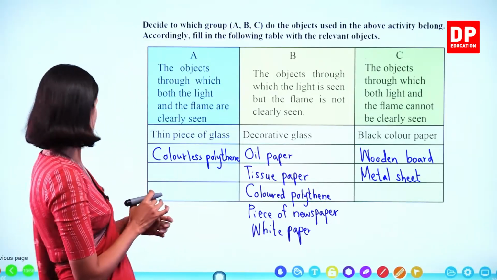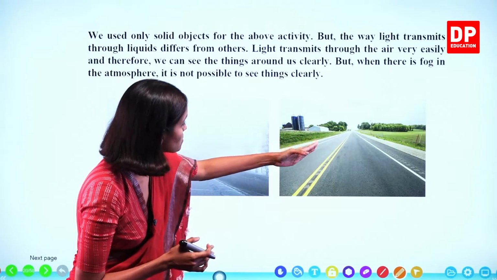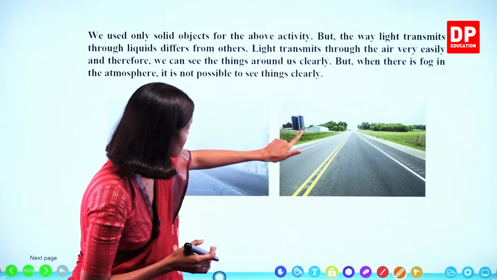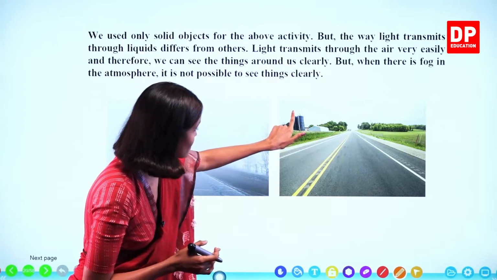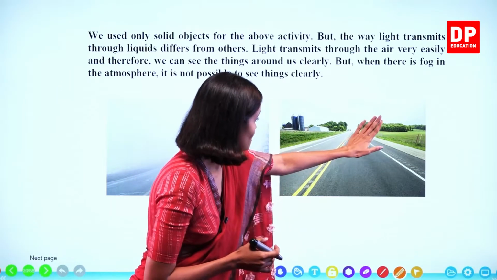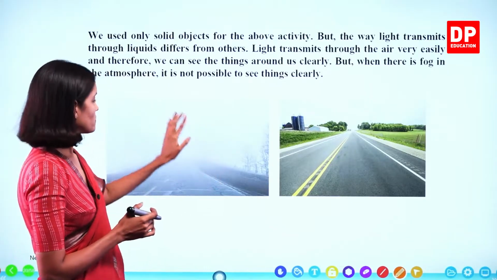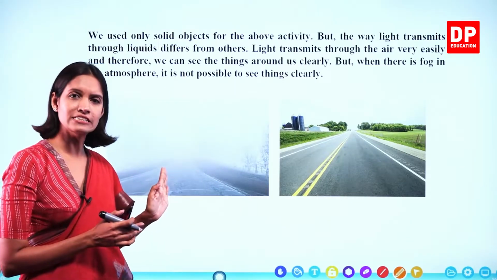We'll check that now. Look at these two pictures. You all can see these pictures very clearly. There's a road and there's a building and some structures like tanks here, right? Here you can see some trees, okay? But look at this picture, children. Can you see through this picture clearly?